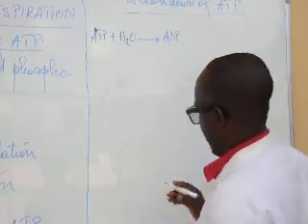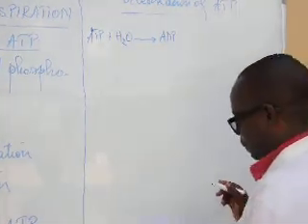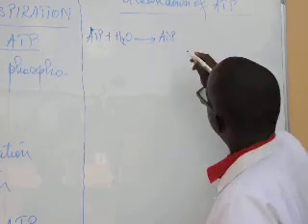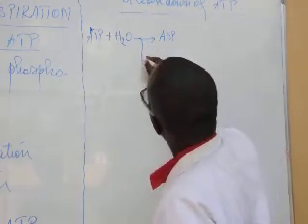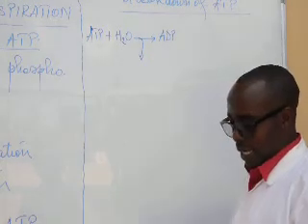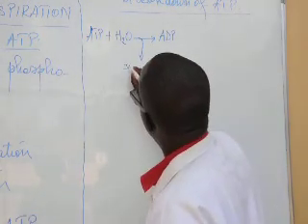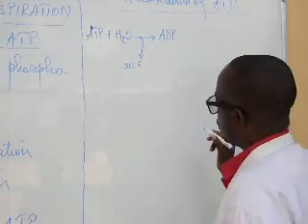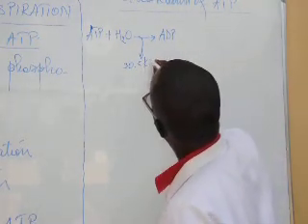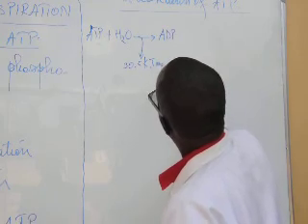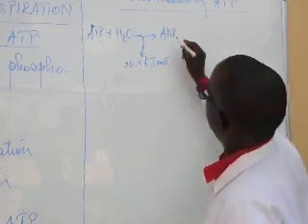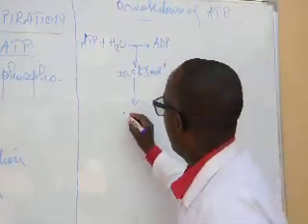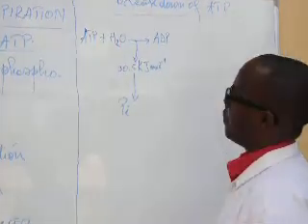Here energy is released, 30.5 kilojoule per mole, and there is also a release of inorganic phosphate.